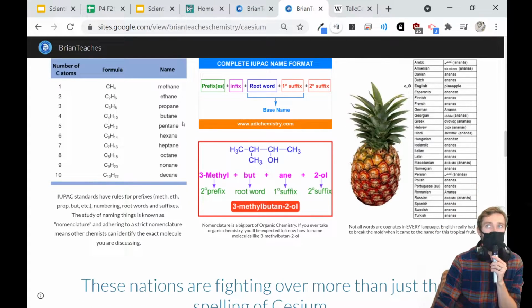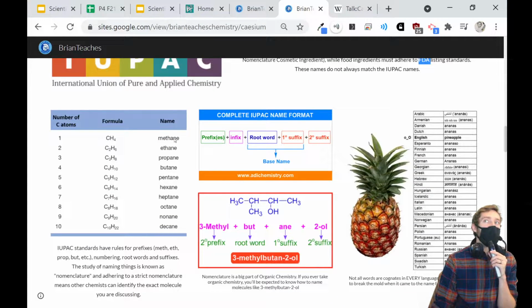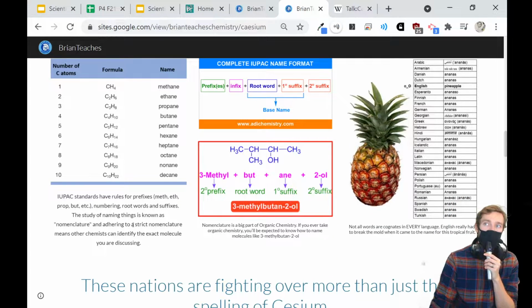You just started? Well, good, you will get to that. So pent means 5, hex means 6, hept means 7, oct means 8, and so on and so forth. You can change these molecules to different functional groups and they do have very different reactions in your body, or just different reactions in general.